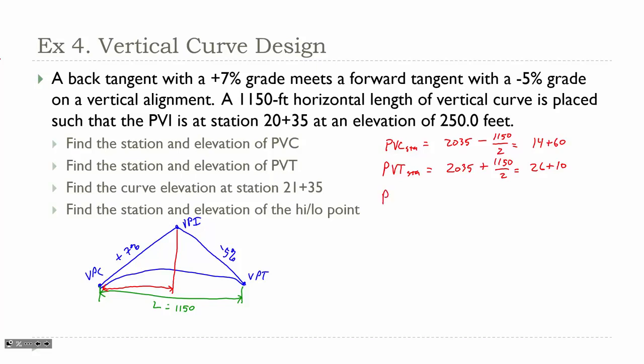So now we have the PVC elevation. Again, we're trying to find this elevation difference. Starting at our VPI elevation of 250, we're going to subtract. We know the grade of the back tangent and the horizontal distance between those, so if we take 0.07 times 1150 over 2, that gives us the change in y.